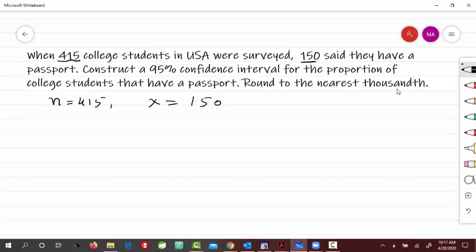And from here, the point estimate p hat. That would be 150 out of 415. So that's approximately equal to 0.3614.